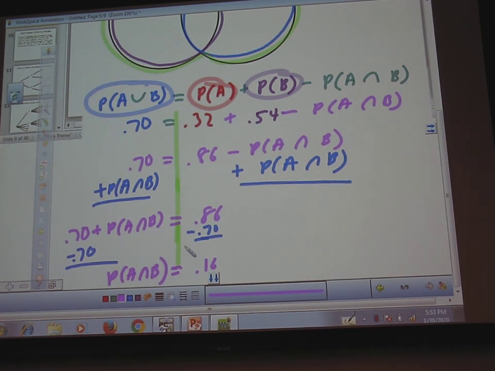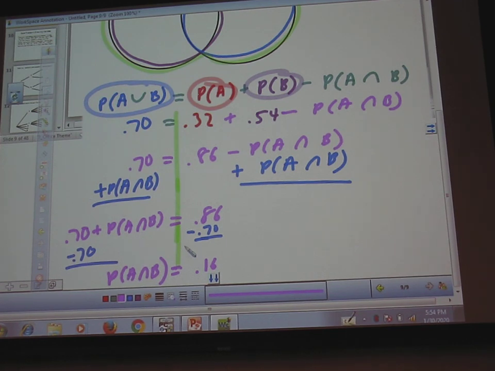It will not always work. Basically, what you're doing there is you're just rewriting the equation. But if you're starting from the top equation, then you need to do it this way. So what you've done is you've sort of solved it for probability of A and B first, without realizing it.